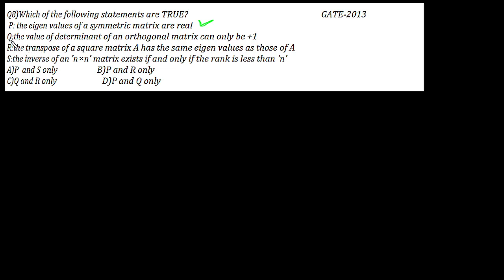Now let's move on to statement Q. Statement Q says the value of the determinant of an orthogonal matrix can be plus 1. Okay. So here it is given in statement Q that the determinant of an orthogonal matrix will be plus 1. Now for the orthogonal matrix, what is the definition of an orthogonal matrix?